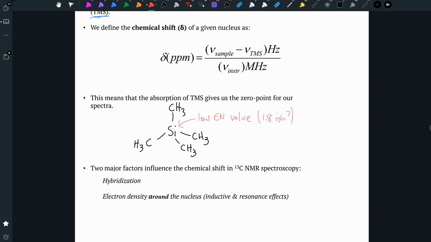What that means is these bonds all get polarized toward the carbon. So the carbons in TMS have a lot of electron density around them. What that means is they are shielded from the applied magnetic field.